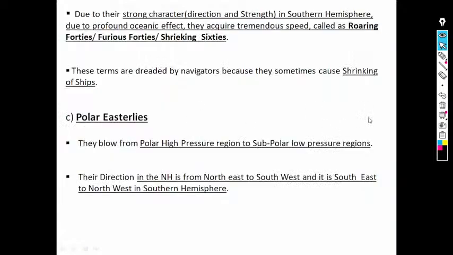Next, see the next one. Due to their strong character, meaning direction and strength, in the southern hemisphere, due to profound oceanic effect, they acquire tremendous speed.